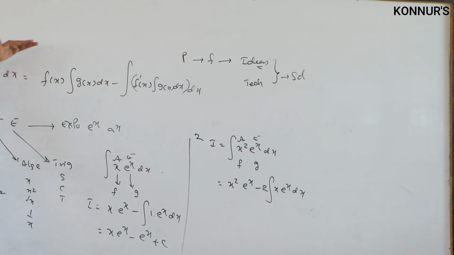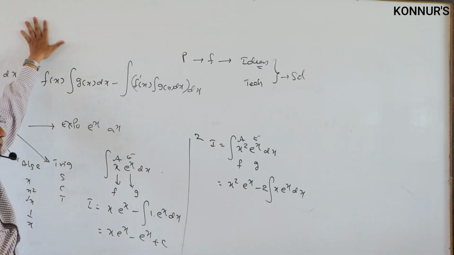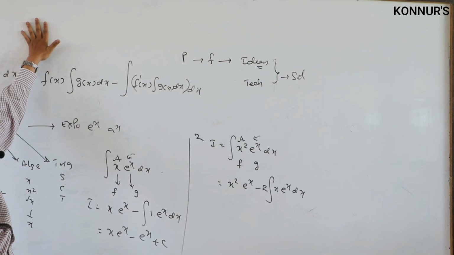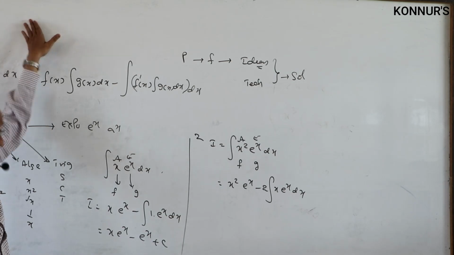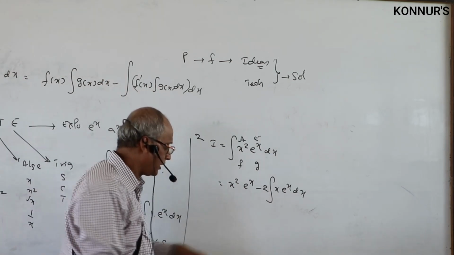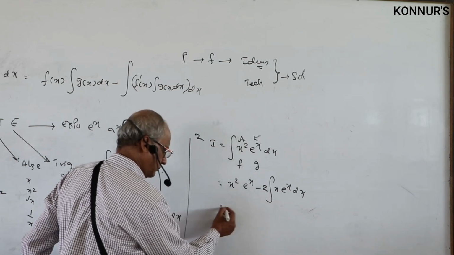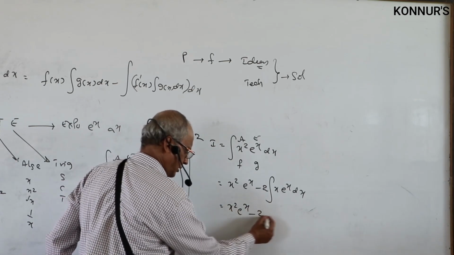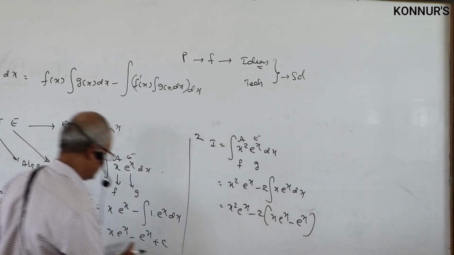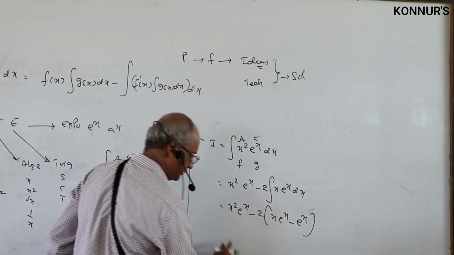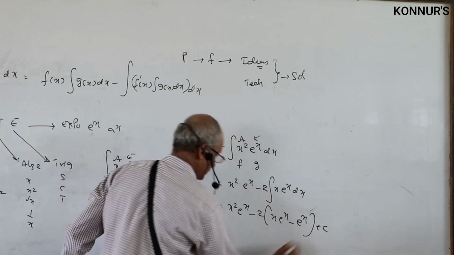Once it becomes a single function, use your previous methods. What is the previous order of priority? Decomposing, simplification, rationalizing, cancellation, calculations are allowed. Then substitutions, apply them. That is the reason you will continue this again as usual, like the above problem. If you know that above solution, what is that? x e power x minus e power x, then plus c anyway.